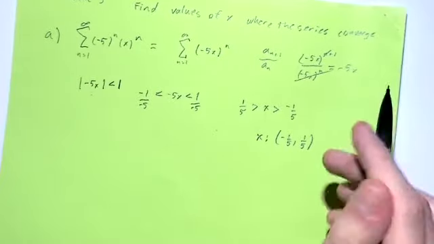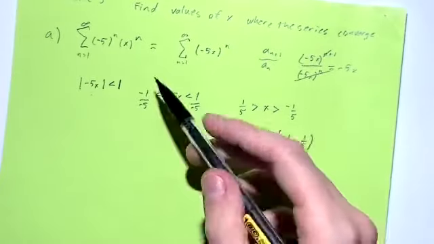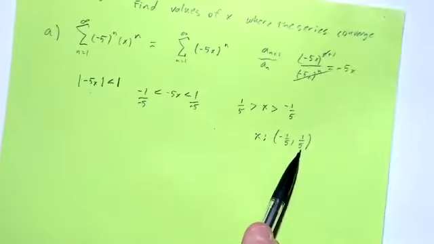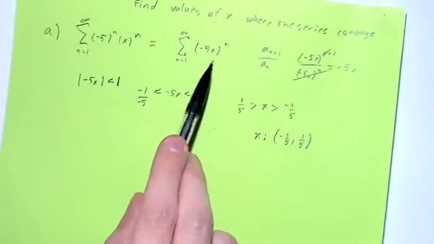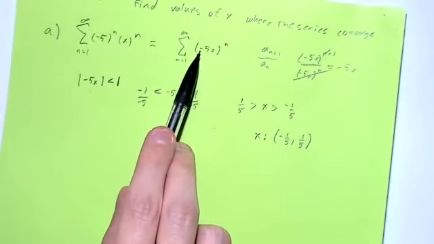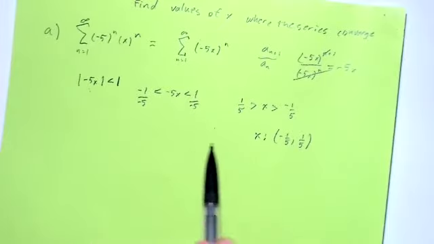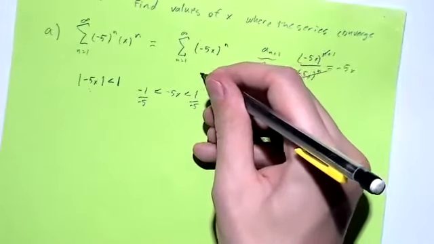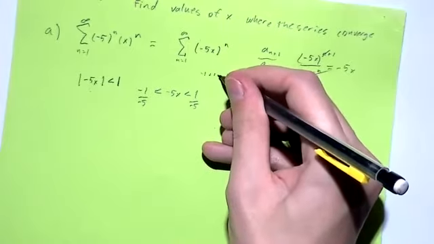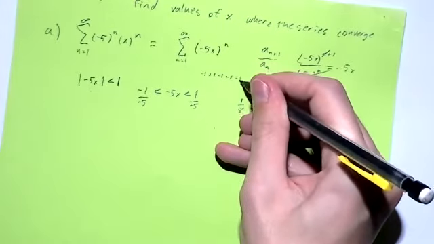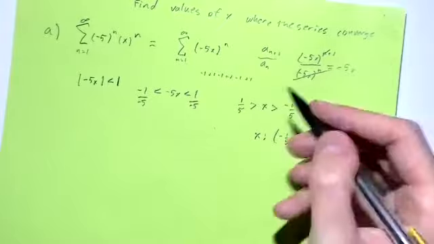And then from here, you can check whether one of these endpoints is included. What I simply do is plug them in right away. So if we plug in +1/5 here, we will have (-1)^n. If we were to sum that, we would get -1 plus 1 minus 1 plus 1 minus 1 plus 1. I think you get the point.